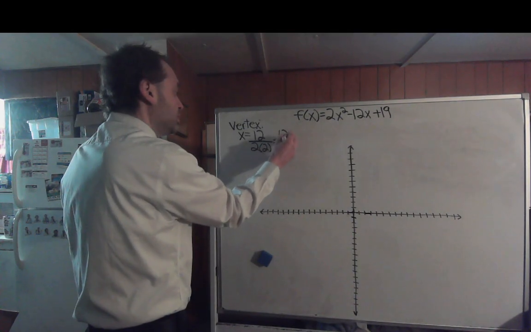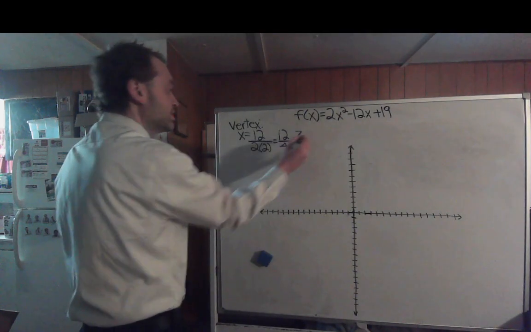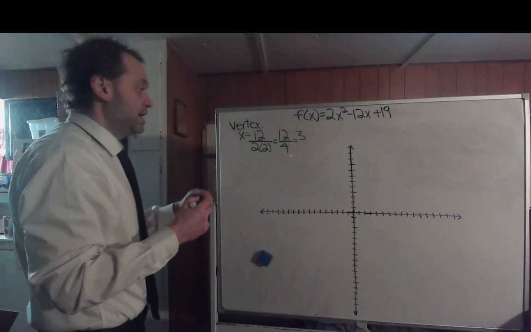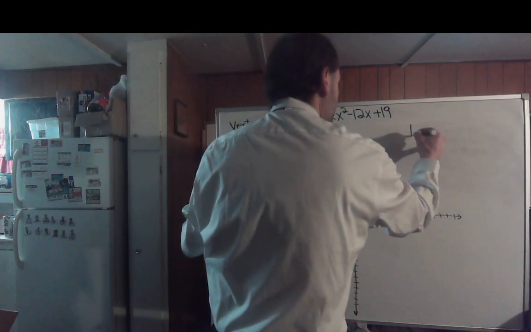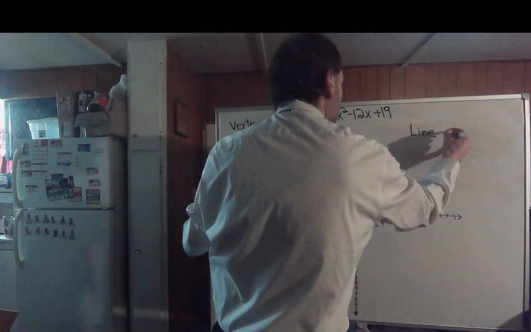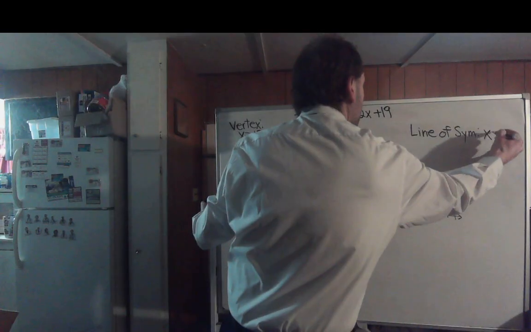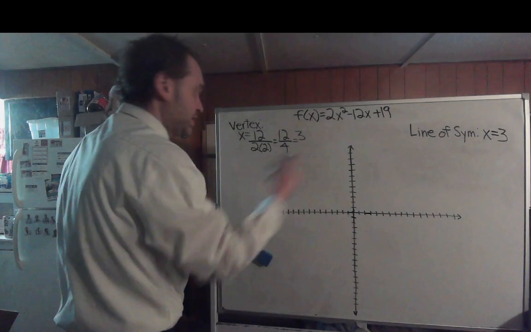That'd be equal to 12 over 4, which would give me 3. So my x-coordinate is sitting at 3. Now, that also means my line of symmetry is at x equals 3, because the x-coordinate of my vertex is always the line of symmetry.